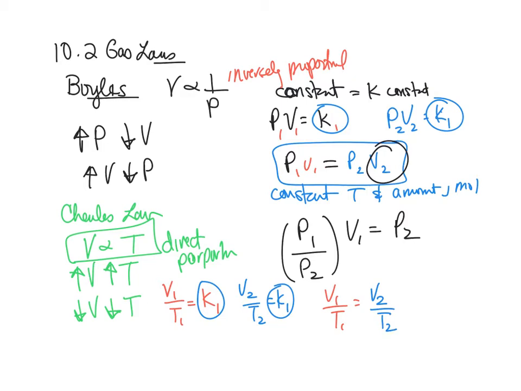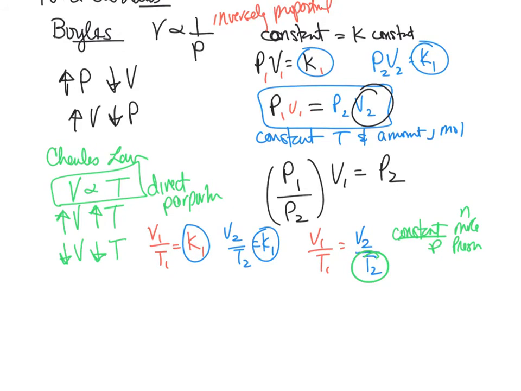And then let's say you wanted to solve for a second condition of changing temperature, and this would be constant moles N and constant pressure P, because those are the other two of the four variables that aren't there. If you had to isolate that variable, you would multiply both sides by T2, that cancels out.